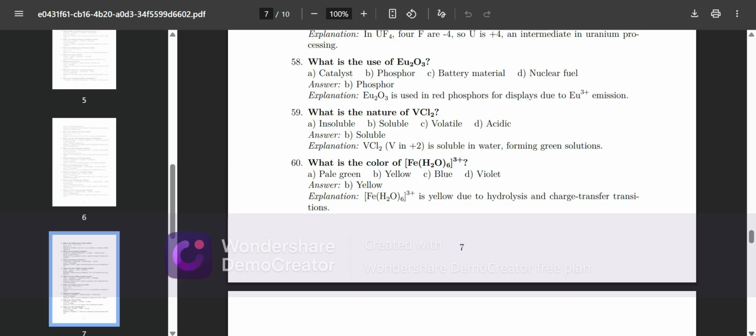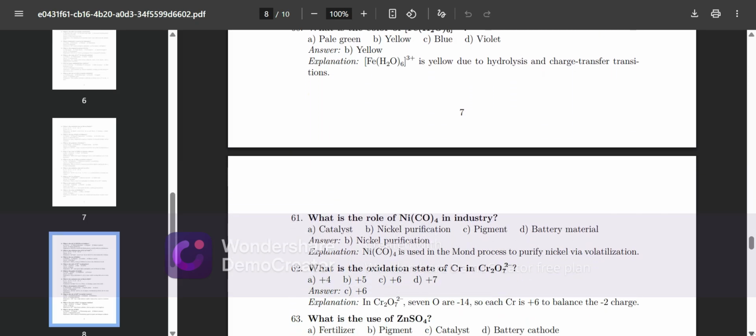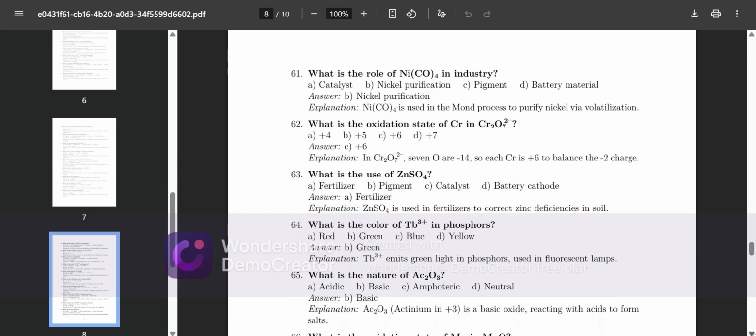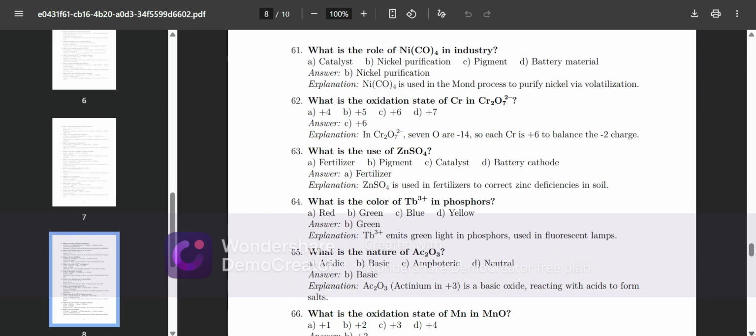What is the color of [Fe(H2O)6]3+? Yellow. It is yellow due to hydrolysis and charge transfer transitions. What is the role of Ni(CO)4 in industry?